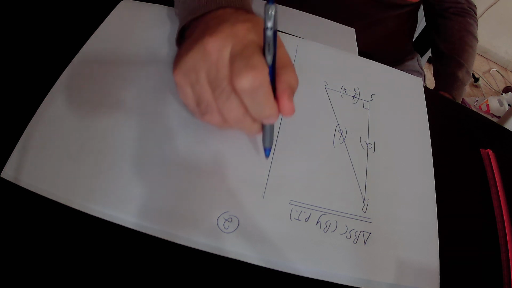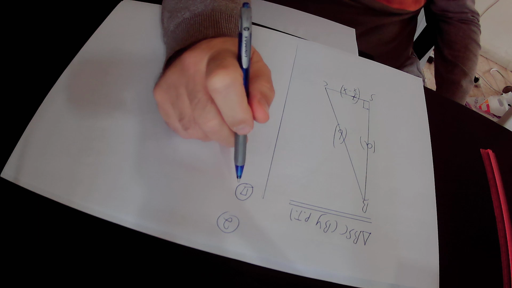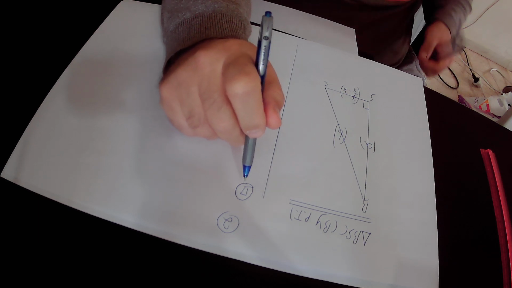According to the Pythagoras theorem, in any right triangle, the square of the hypotenuse equals the sum of the squares of the perpendicular sides.